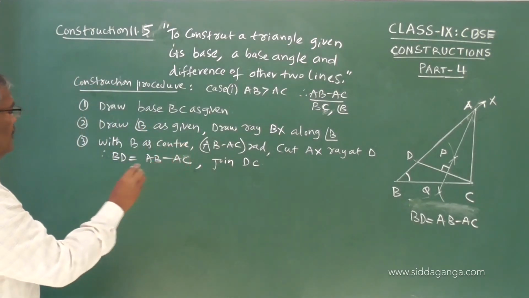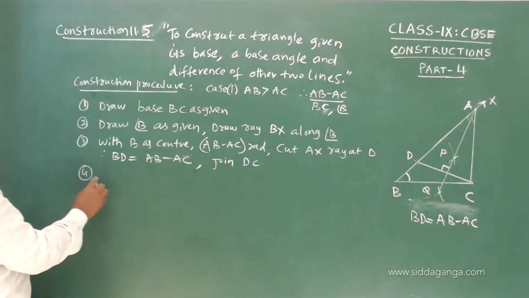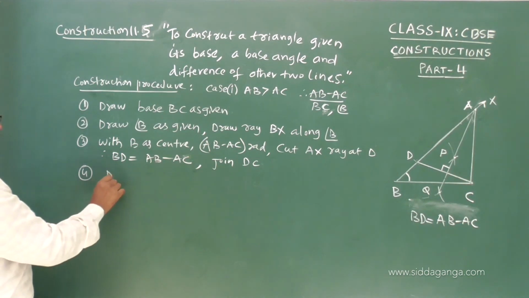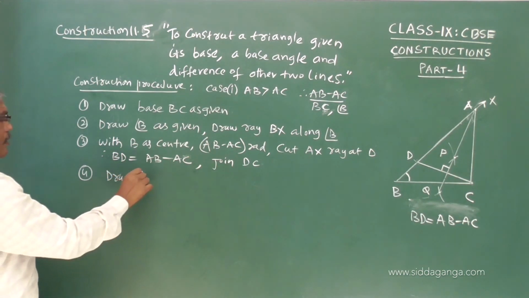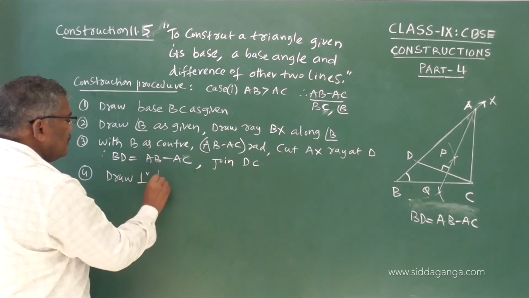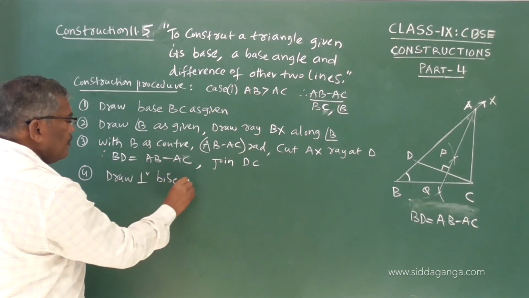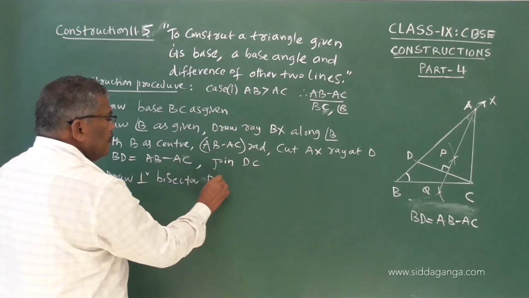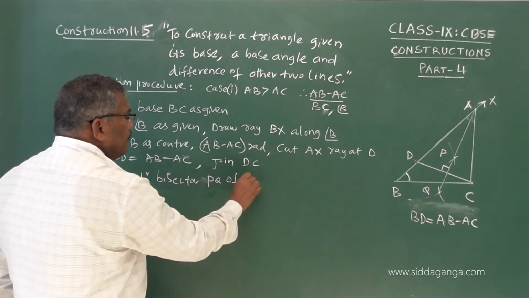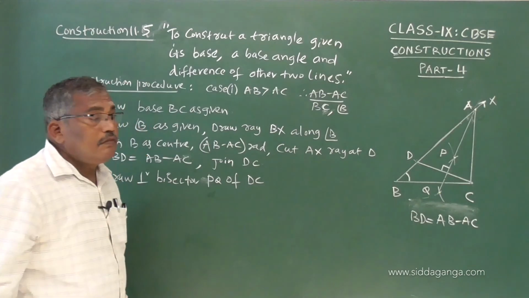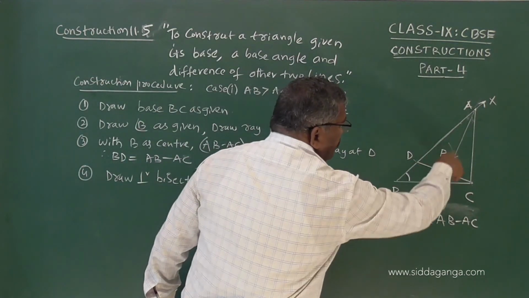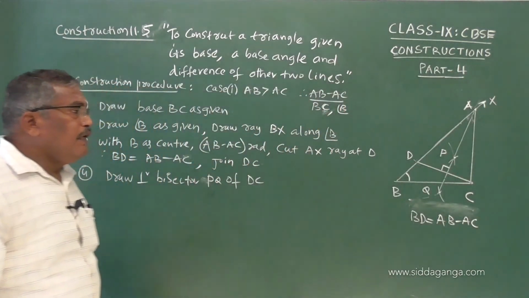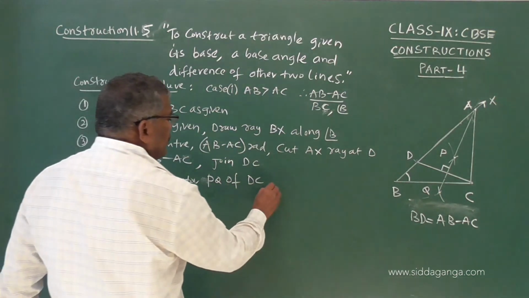After getting DC, the fourth step is to draw the perpendicular bisector PQ of DC. So the line PQ you draw as the perpendicular bisector.